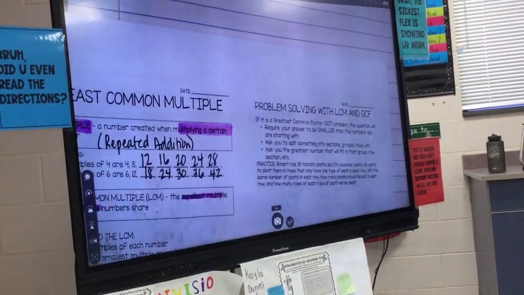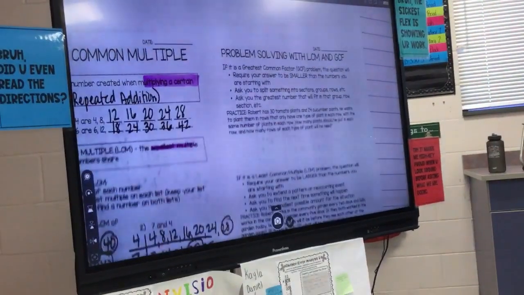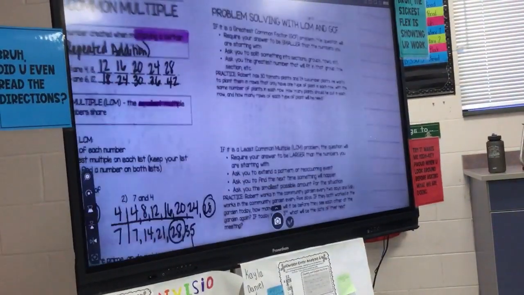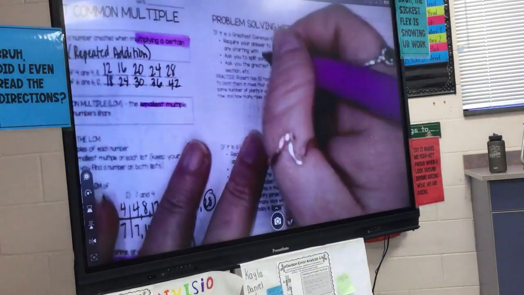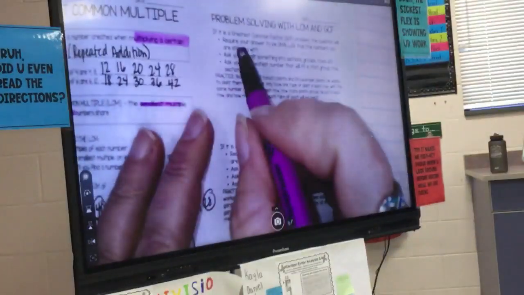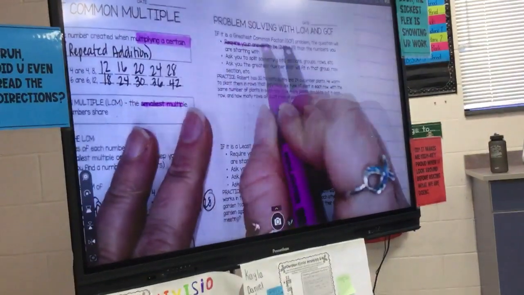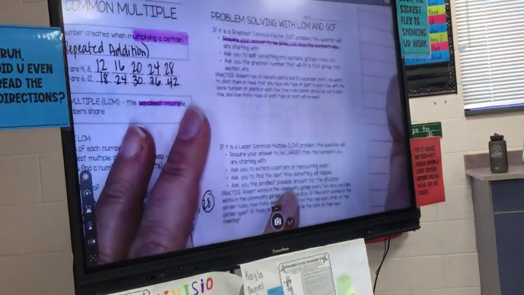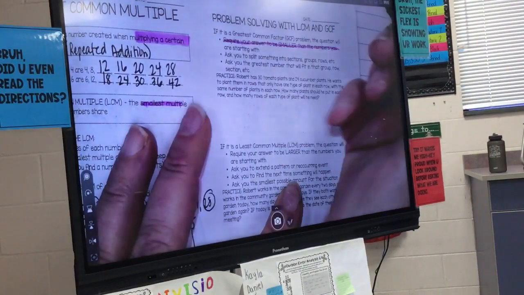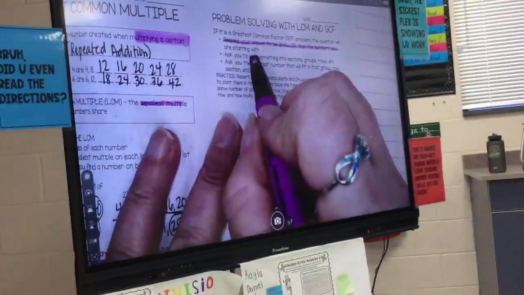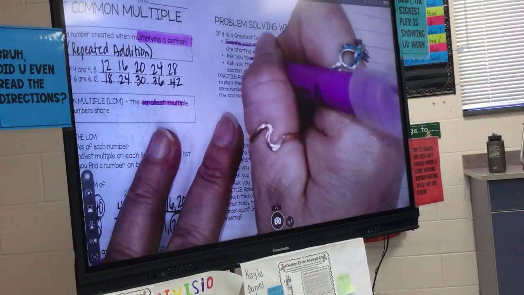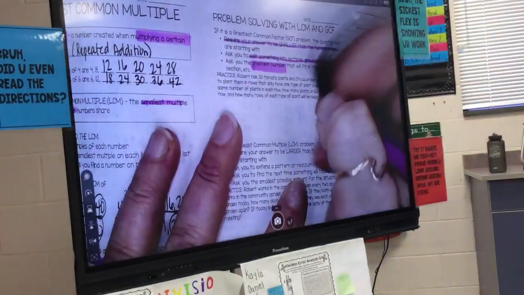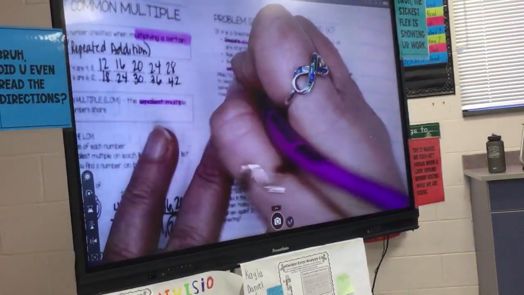All right, sliding over to problem solving with LCM and GCF. These are just a little bit of hints to help you. So when you're finding GCF, you're splitting something into sections, groups, or rows, and it's the greatest number that will fit into those groups, rows, or sections.